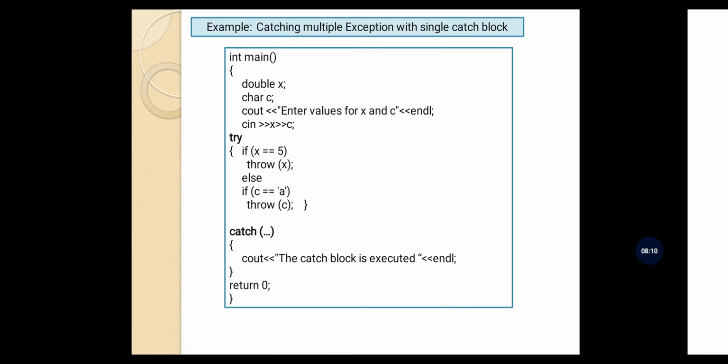However, what I have here is a single catch block. I don't have 2 catch blocks for this and this. I have a single catch block, and in this catch block I have put these 3 dots. So no matter which exception is thrown, each of these throws will always take the control to a single catch block. So this is how you can catch multiple exceptions with a single catch block.